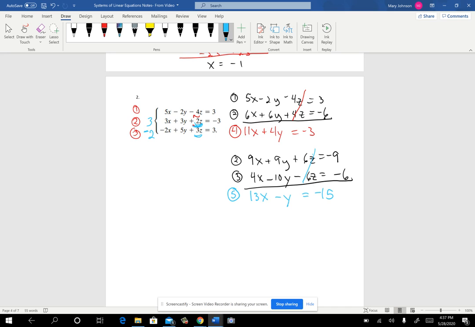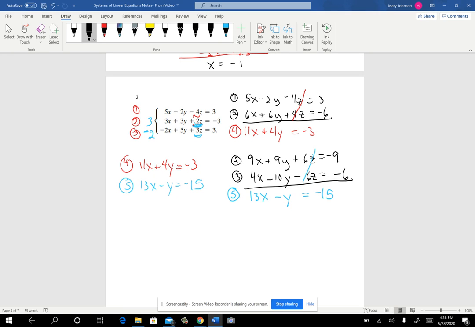All right, so now what we're going to do is pull equation 4 over. It has an x and a y in it. And then we created equation 5, which also has an x and a y in it. And we're going to work on taking that system that we just created and trying to eliminate one of the variables.